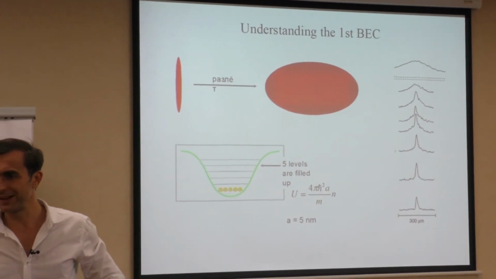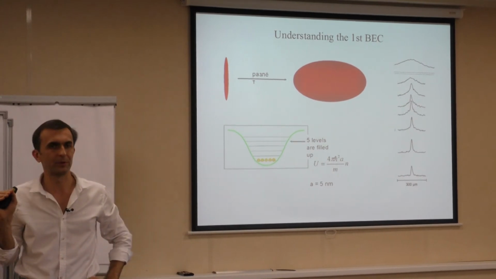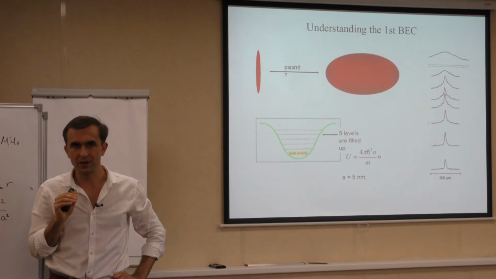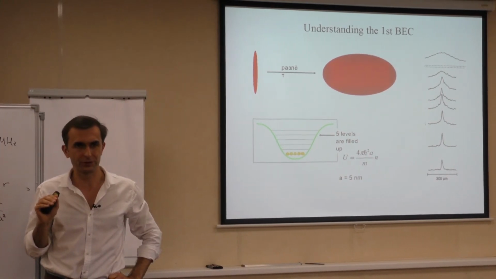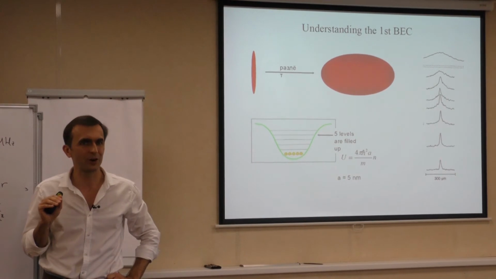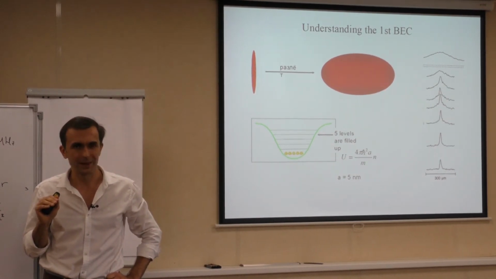Like I was telling you, the optical dipole trap, which forms in the focus of a laser beam, is perfectly stable and conservative. It was not that stable and conservative back in 1995.